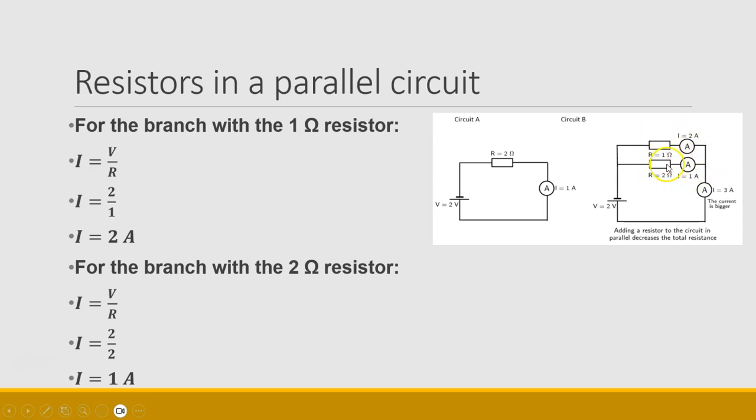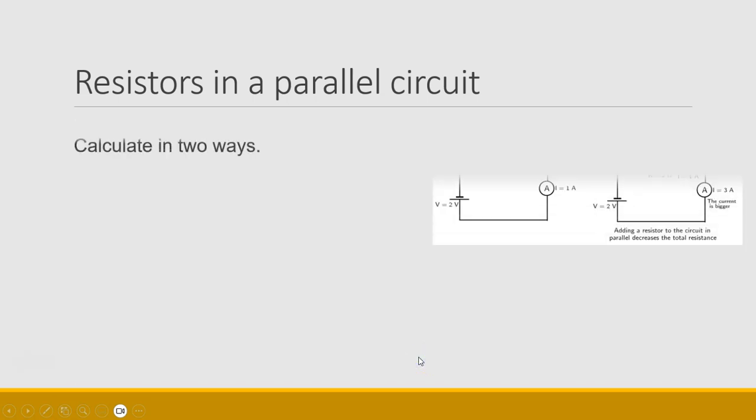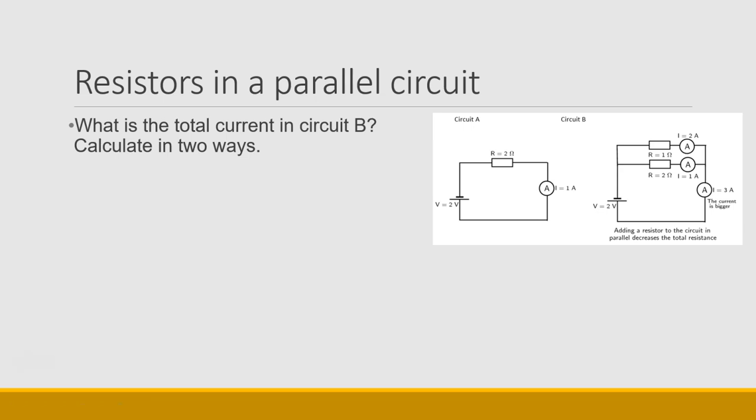Also note that if we add up these two currents of 2 amps and 1 amp, that will give us the total current in the circuit. The total current exists before and after the split. So what is the total current in circuit B?